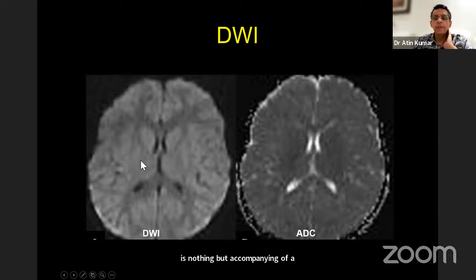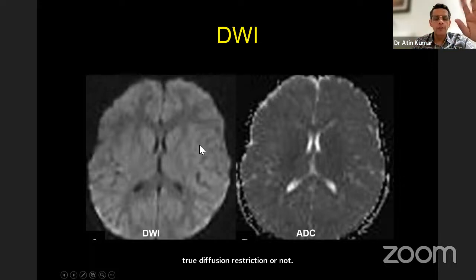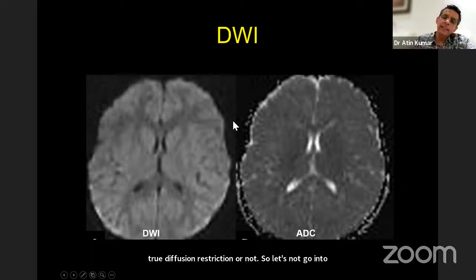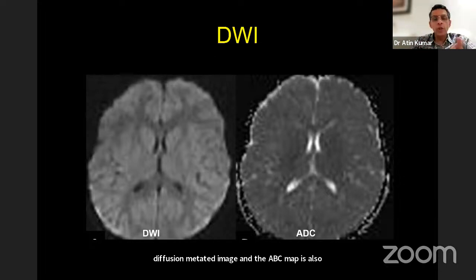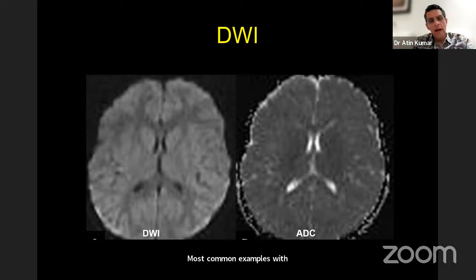We use both of these together to classify whether it is true diffusion restriction or not. So let's not go into complexity, but we'll just look at what is bright on diffusion weighted image, and the ADC map is also corresponding to showing diffusion restriction when we call it a diffusion restriction pathology. The most common example which shows diffusion restriction is acute infarct because that has a cytotoxic edema.